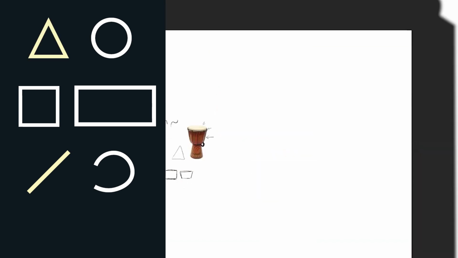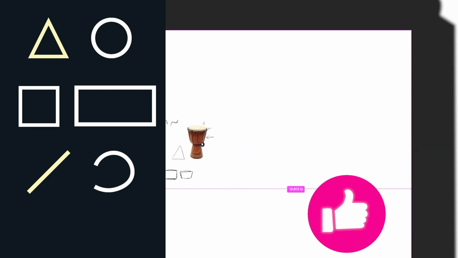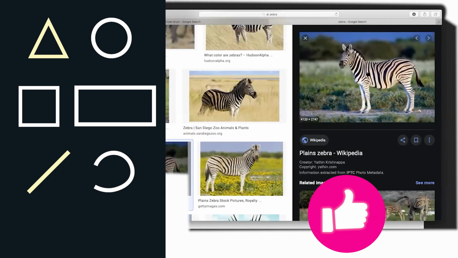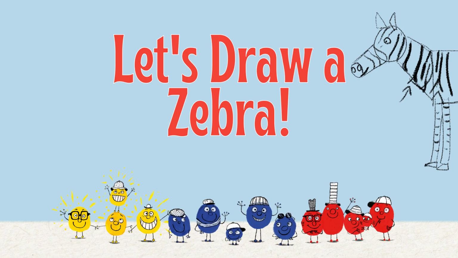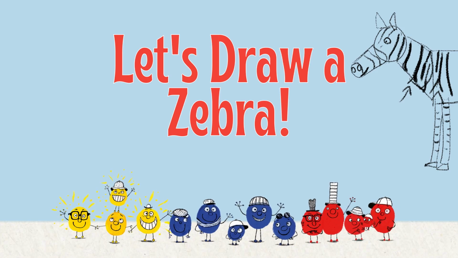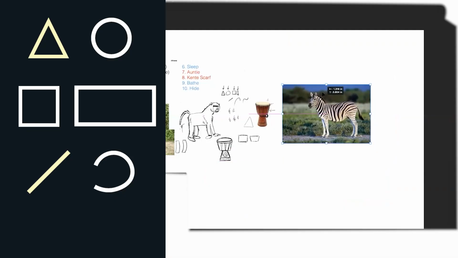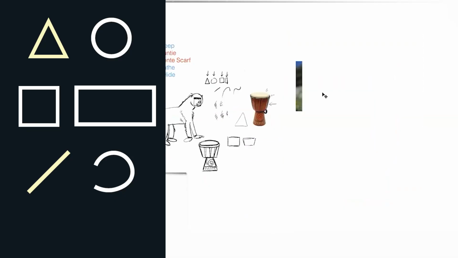You want to draw a zebra with me? Okay. Aren't zebras so cool? Look at those stripes. Okay. What's the first shape we should draw for a zebra? Okay. What's the next shape after that? Yeah?